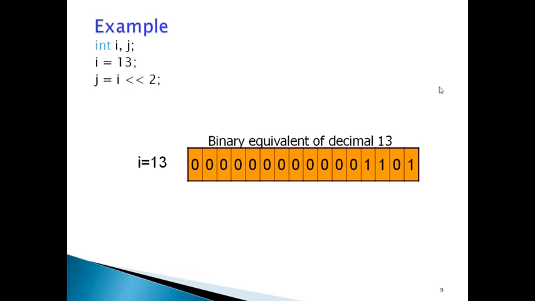The 13 is converted into 16-bit binary format, where the leftmost bits are zeros. The actual binary form of 13 is 1101. This is the binary equivalent of the decimal number 13.